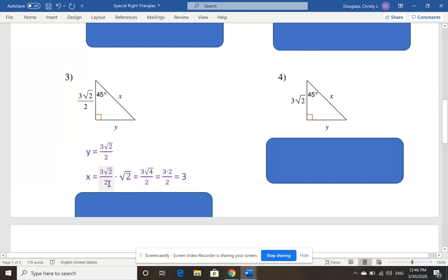Now, when you have a fraction and you're multiplying by something that's not a fraction, remember you're just going to think about this as having a denominator of 1. So really this square root of 2 multiplies only with the numerator. So 3 square roots of 2 times the square root of 2, well, the 2's under the radical multiply together, leaving me with 3 square roots of 4.